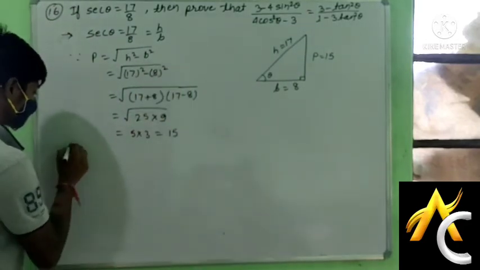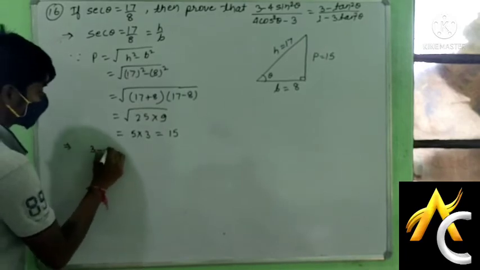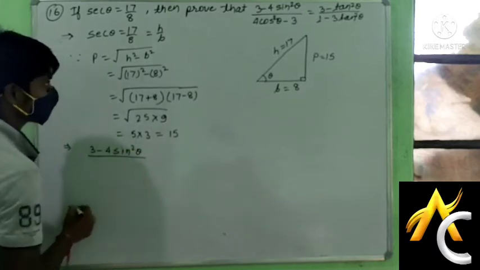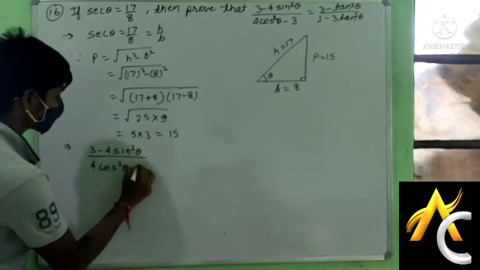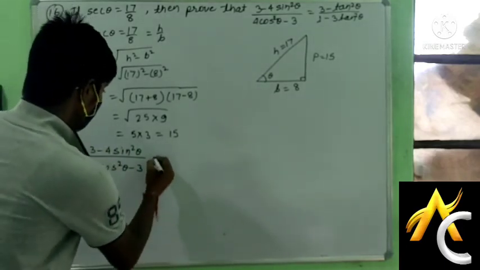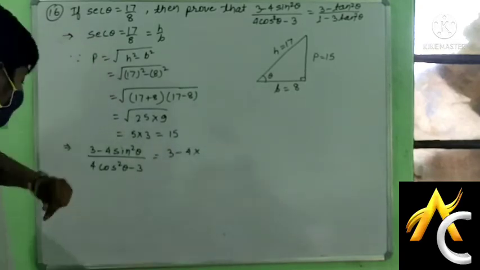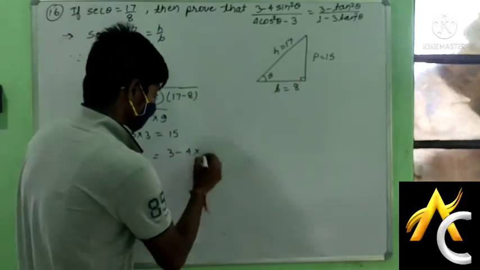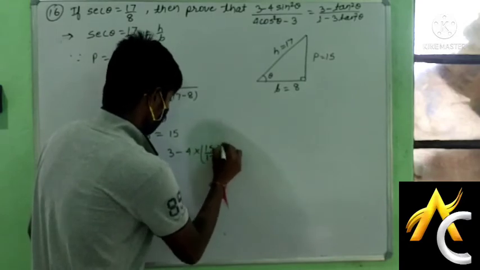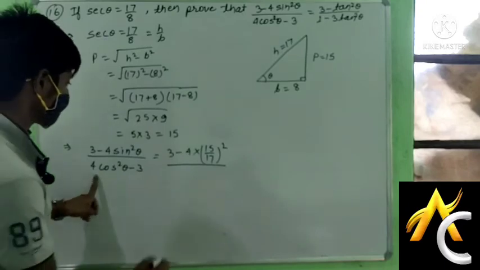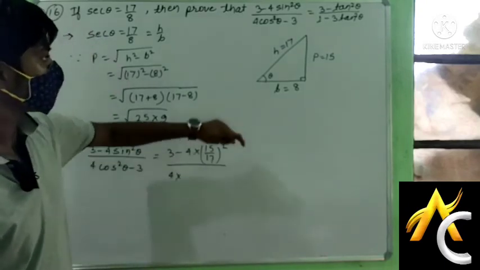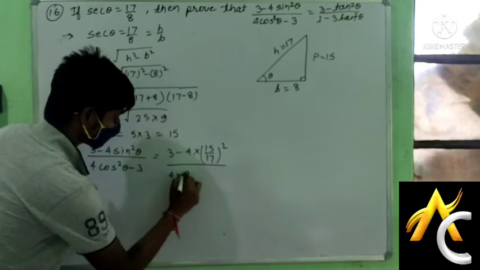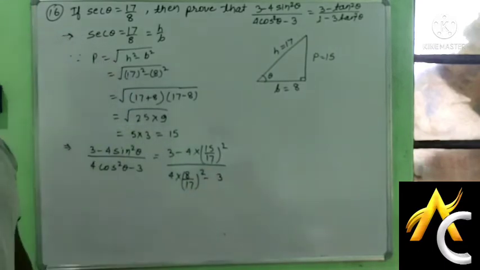Now just take the LHS of the equation, that is 3 minus 4 sine square theta by 4 cos square theta minus 3, which will be equal to 3 minus 4 into, as we know sine theta is equal to P by H, so it will be 15 by 17, whole square, divided by 4 into cos theta is equal to B by H, 8 by 17, whole square, minus 3. Simple.